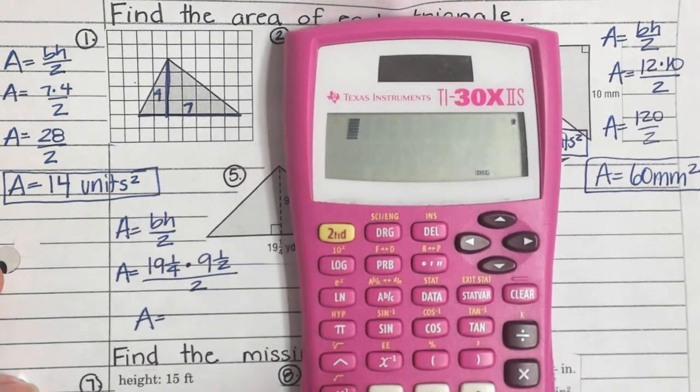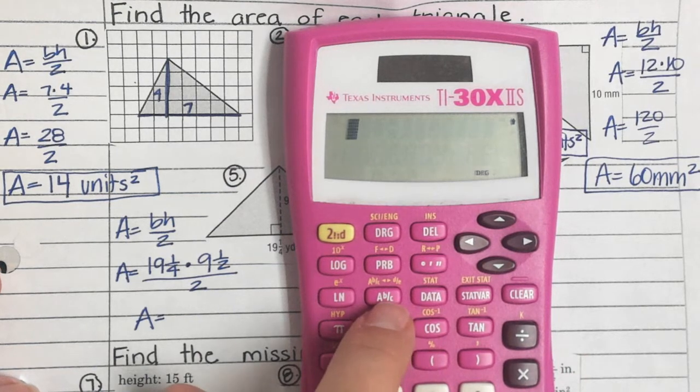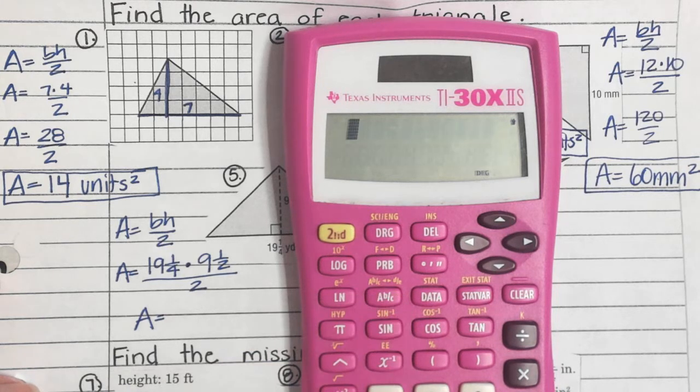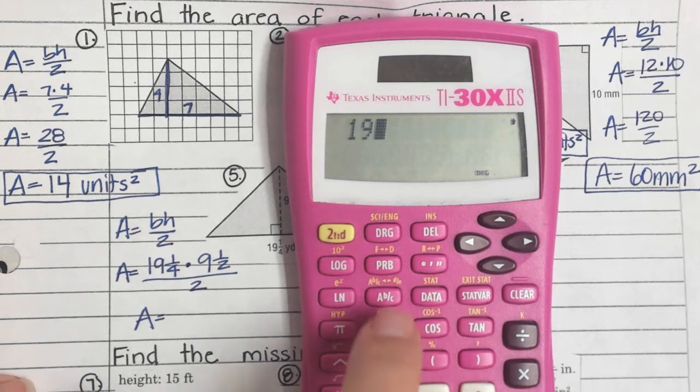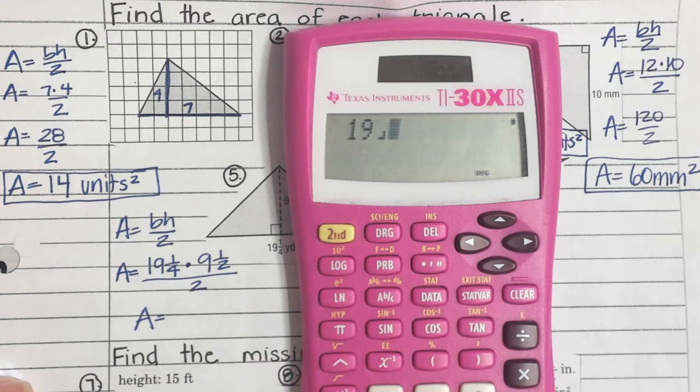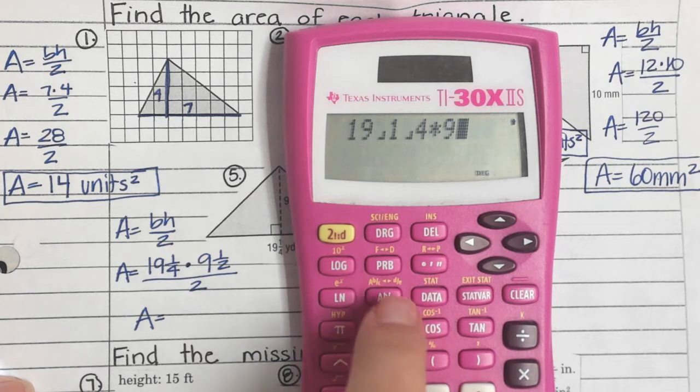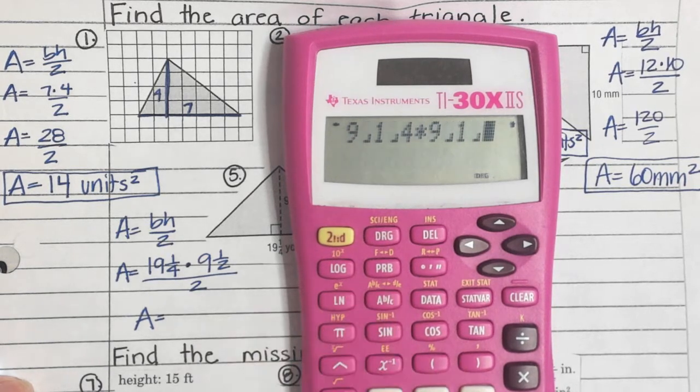Okay? Remember, for those of you that didn't have your calculator yesterday, that A, B/C, that is your fraction button. So you're going to put it in as 19 fraction button 1 fraction button 4 times 9 fraction button 1 fraction button 2.